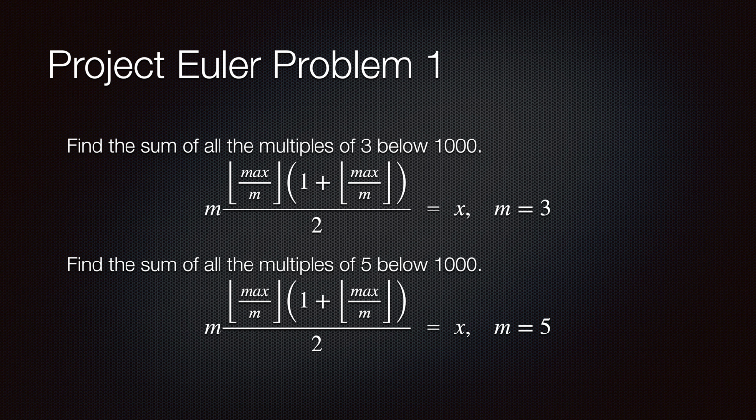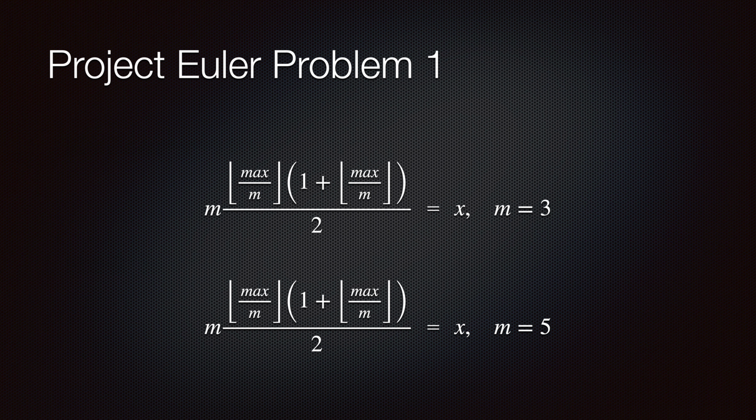And we'll use this equation for multiples of 5. A quick review, the equation above will sum all the multiples of 3, such as 3, 6, 9, 12, 15, and 18. The equation below will sum all the multiples of 5, such as 5, 10, 15, and 20.